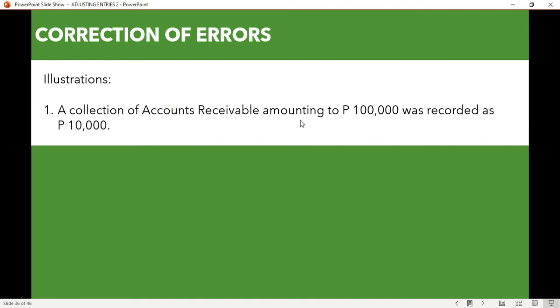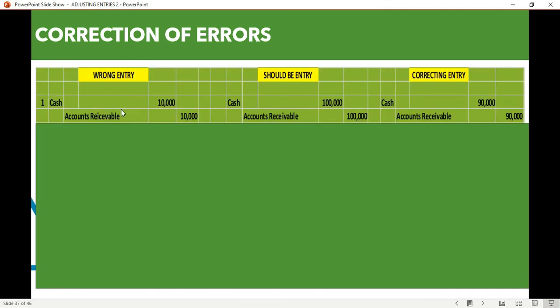A collection of accounts receivable amounting to 100,000 was recorded as 10,000. So this is the wrong entry: debit to cash 10,000, then a credit to accounts receivable 100,000. And the should-be entry, or the correct entry, should be this one: a debit to cash 100,000 and a credit to accounts receivable 100,000. So from here, you can now determine what should be the correcting entry.